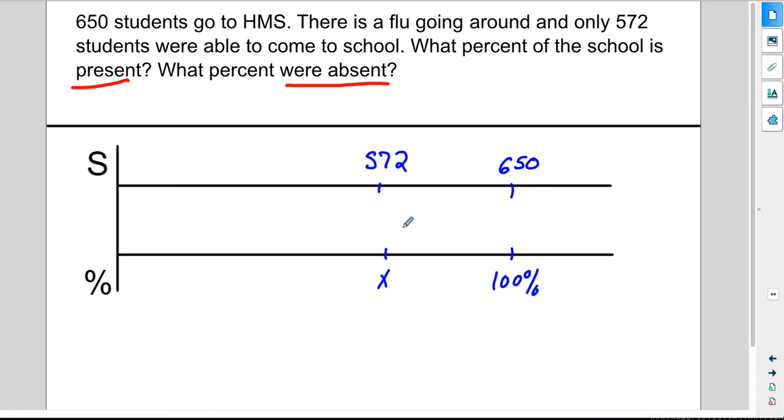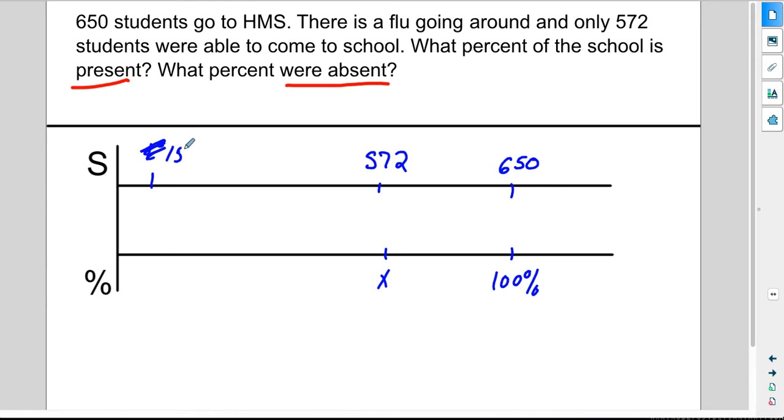Now, the most common misconception here is that students will try to find a common percent, but we don't have a common percent here to work with. So instead, we're going to find a common value of students between 572 and 650. And just like with our percents, we're going to use one student. One student. Now, there is something important I want to point out here.